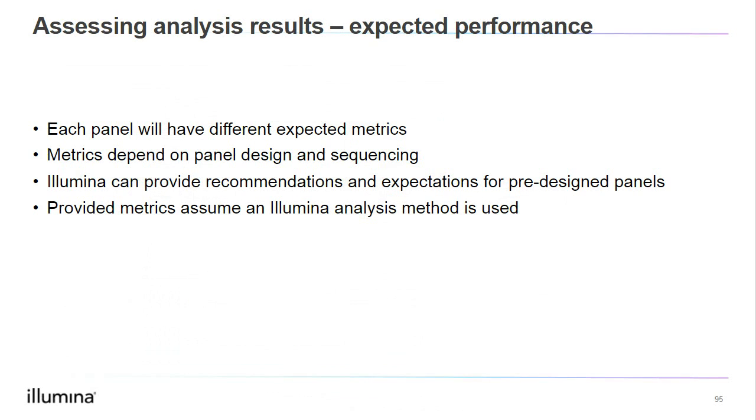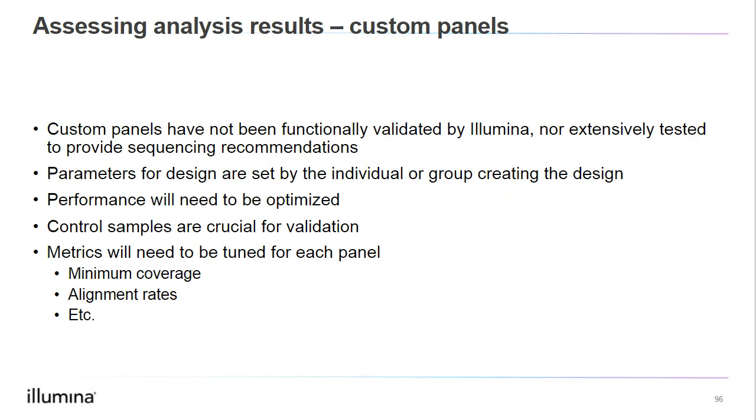We've just reviewed the analysis results for one AmpliSeq for Illumina DNA myeloid library. Each amplicon panel will have different expected metrics depending on the panel design and how the libraries are sequenced. Illumina provides expectations for pre-designed panels, assuming an Illumina analysis method is used. For custom panels, the expected metrics will need to be established within your lab.